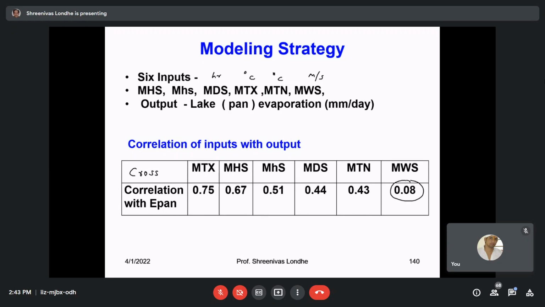We felt that wind speed should have a higher correlation value. But this happens in correlation analysis, because correlation analysis is a linear measure, whereas evaporation is a non-linear process. Still, correlation analysis helps. How? Let us see.